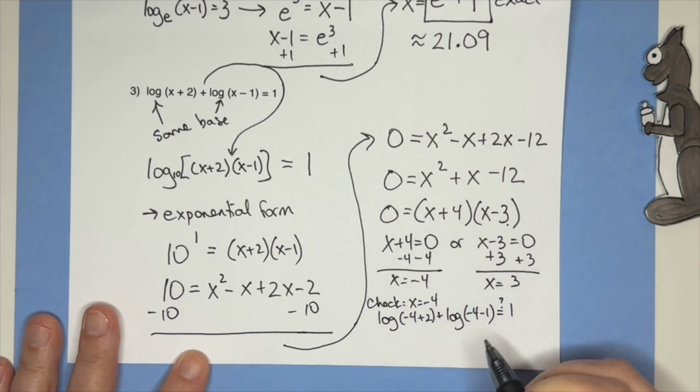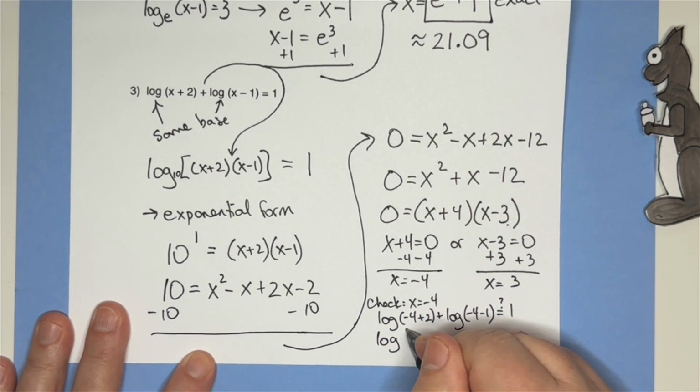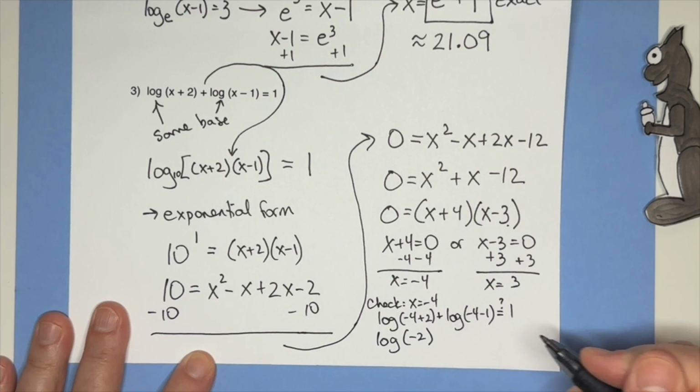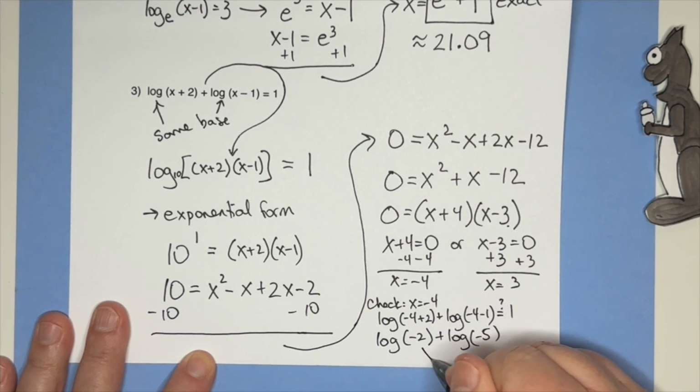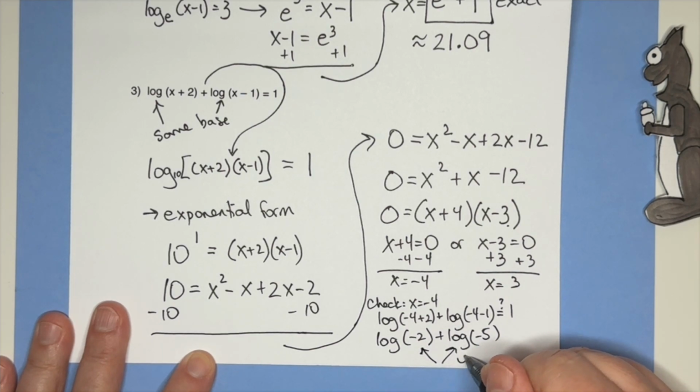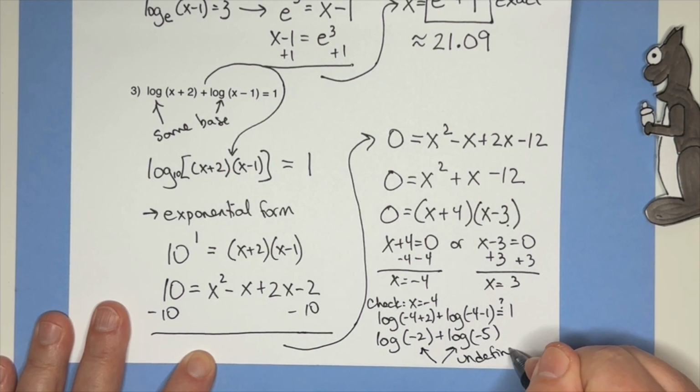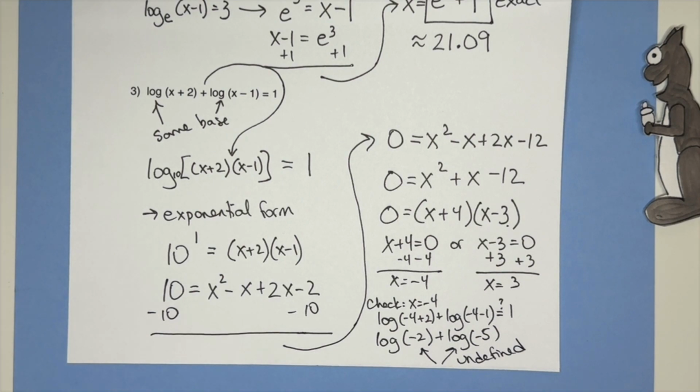And the answer is log of negative 2 and log of negative 5 are undefined. You cannot take a logarithm of a negative number in the same way that an exponential cannot give you an answer that's a negative number. So I know that I can't have x equals negative 4.